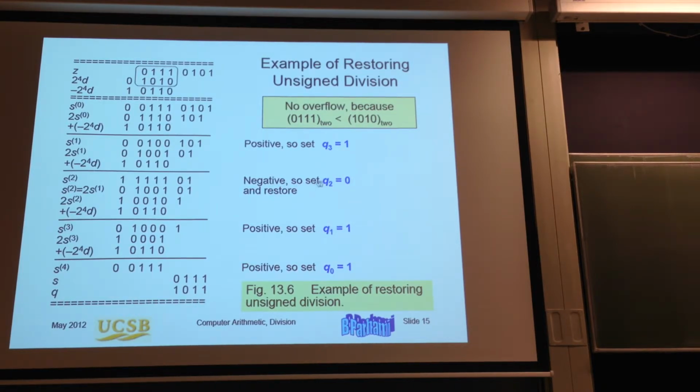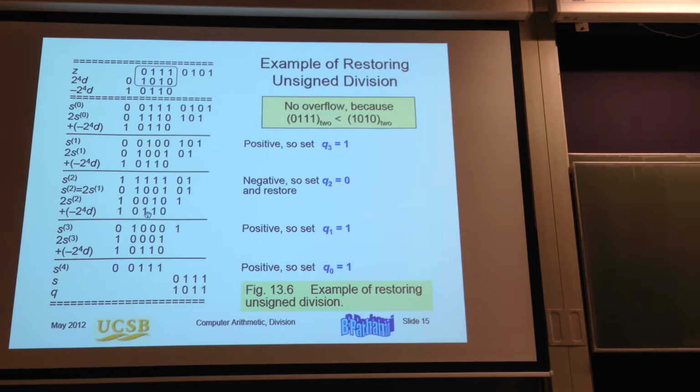Because this is negative, my guess was wrong and I should go for a 0. While I'm going for a 0, I'm not storing this negative result. I'm just restoring, so my previous partial remainder is the one that I will work with further. Then I am restoring, and I obtain this.